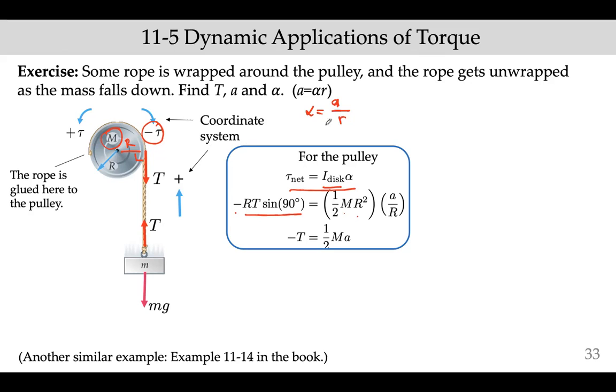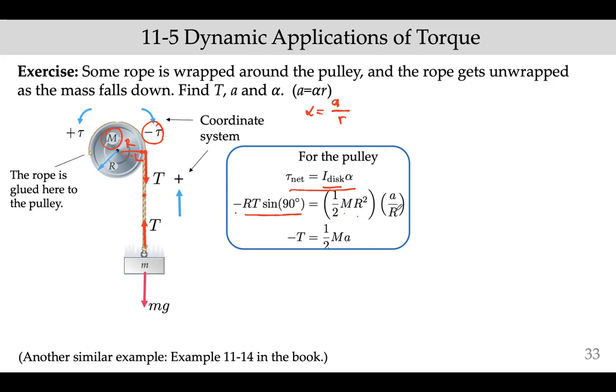If I asked you what the linear acceleration is at other points, you would use a different r. But now we are interested in the linear acceleration at this point, because we will relate the linear acceleration of the pulley at the rim to this object. How? Because whatever the linear acceleration of the pulley here at the rim is, it will be equal to the linear acceleration of the rope.